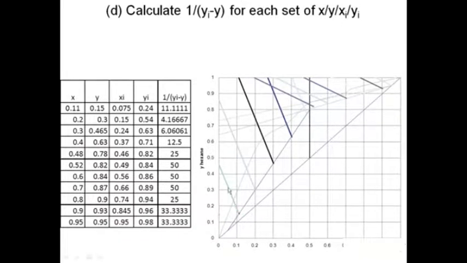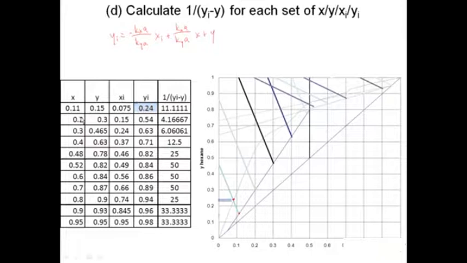Then I plotted my line using the equation that we have on the other page, and I'll write it again here, y equals negative kxa over kya xi plus kxa over kya x plus y. So I plot my line, and then I see where it intersects with the equilibrium data, and here we've got xi equals 0.75 and yi equals 0.24.